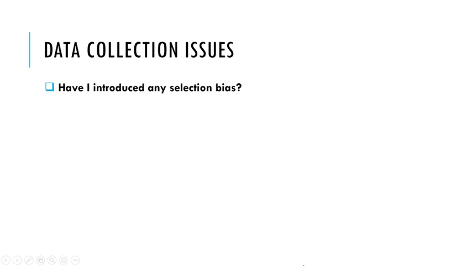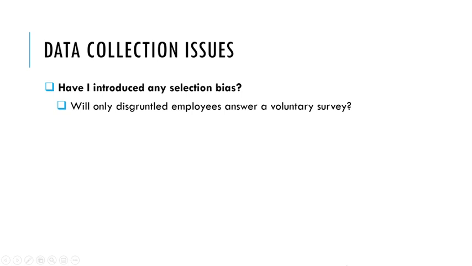Have I introduced any selection bias? And we've talked about this many times, so I know you're getting sick of thinking about selection bias, but it's so important. Will only disgruntled employees answer a voluntary survey, right? If I'm simply saying, please do this, it's optional, complete the survey, we know that people who are upset or mad about something or unhappy might be more likely to answer the survey.